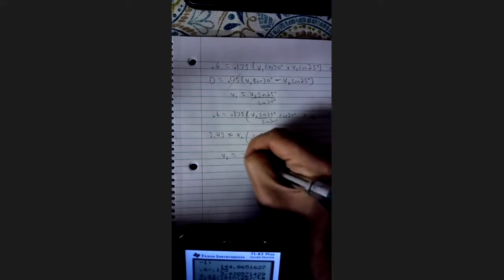So that's sine of 25 over tangent of 30, since sine over cosine is tangent, plus cosine of 25, which means that the velocity of our second ball is this 3.43 divided by this thing. So the velocity of our second ball is 2.09 meters per second.